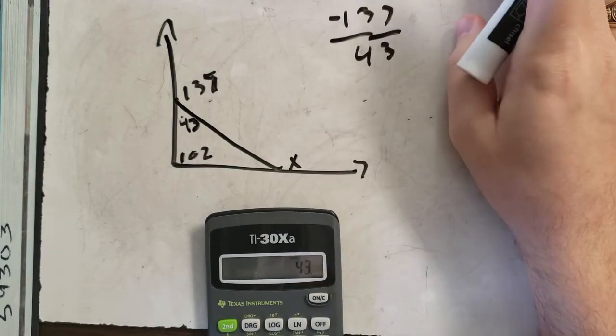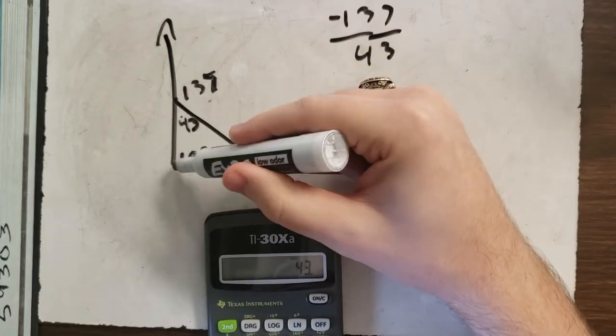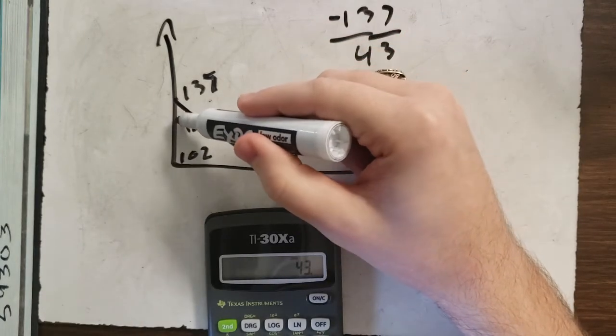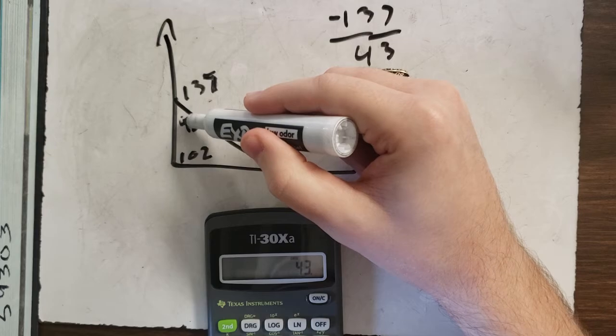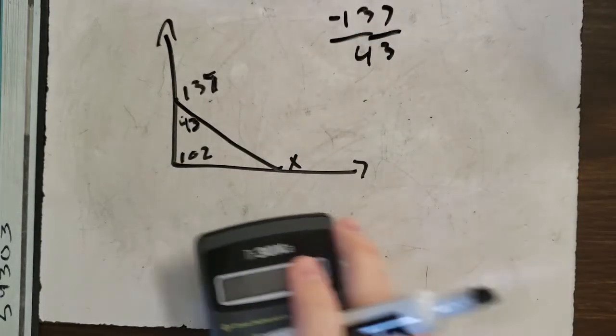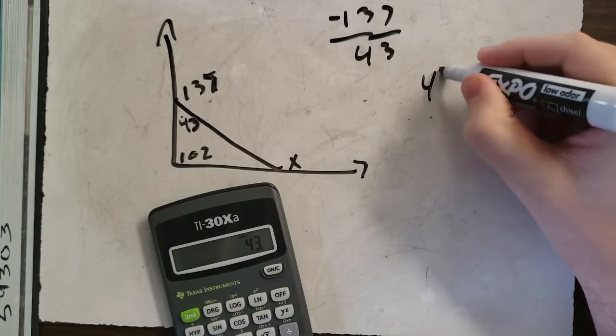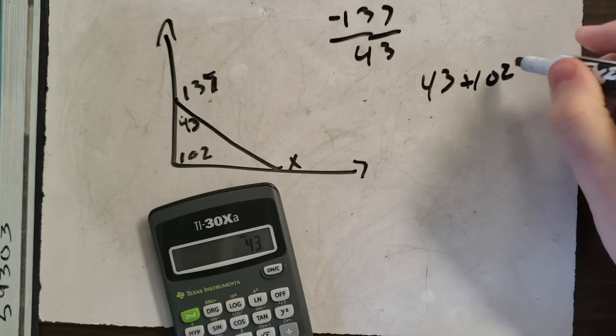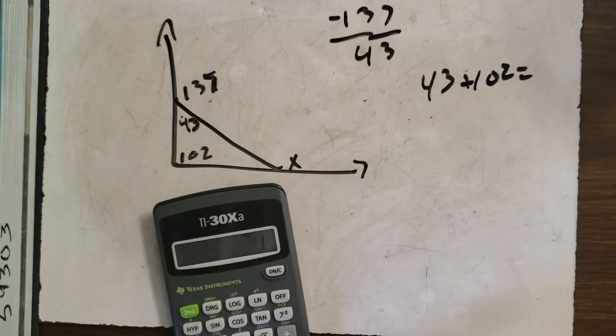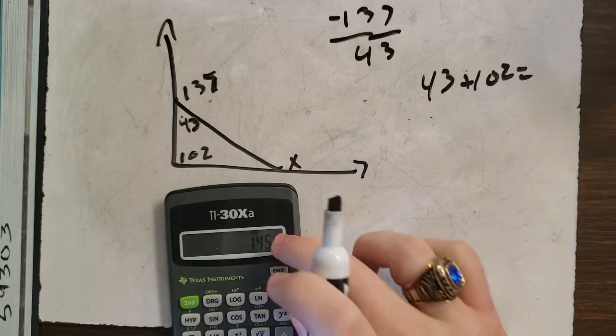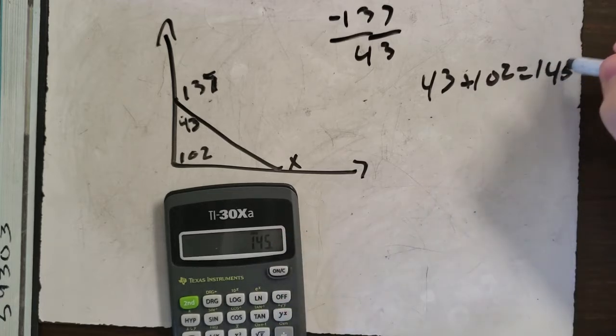So now we have this triangle here, right? We know we have two angles, 43 and 102. So if we add those up, 43 plus 102 equals 145.